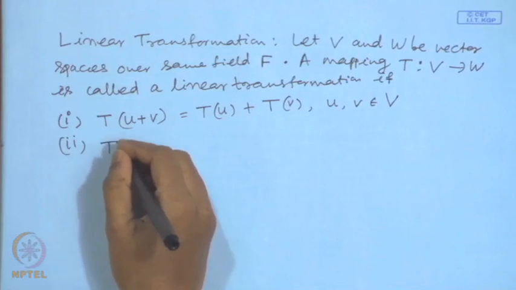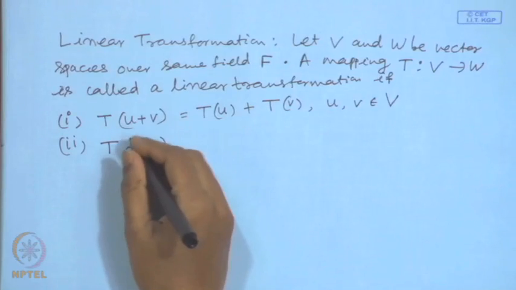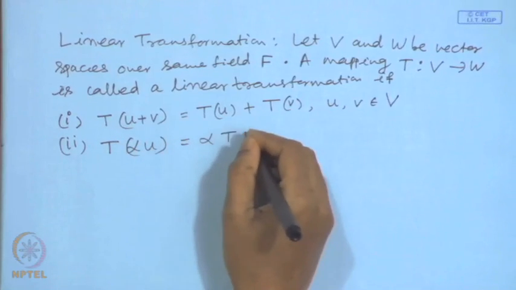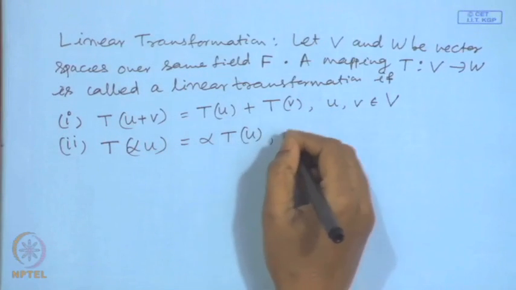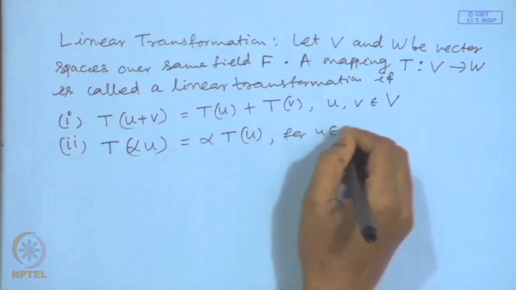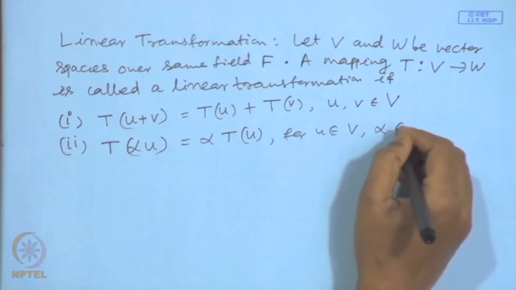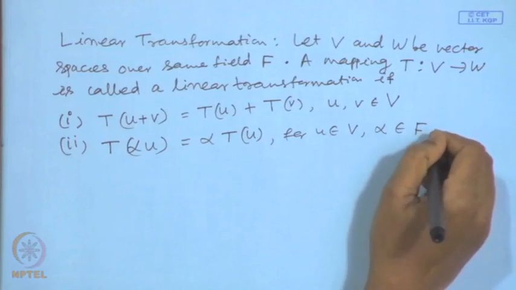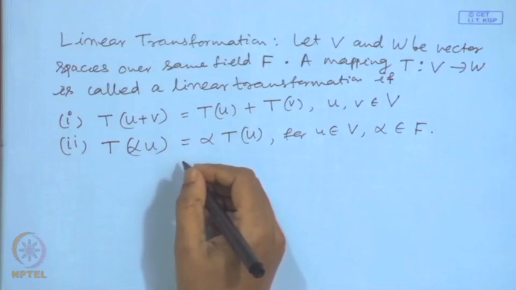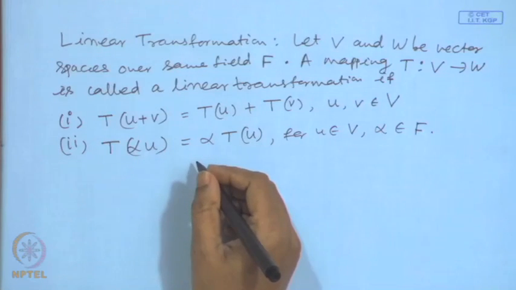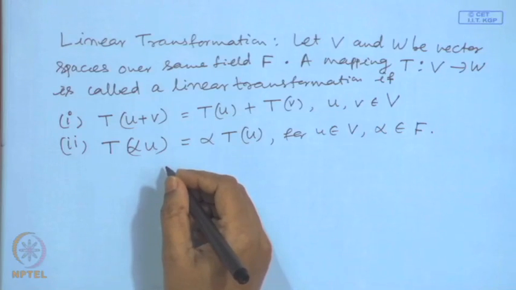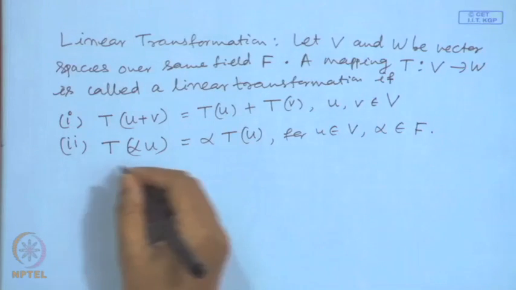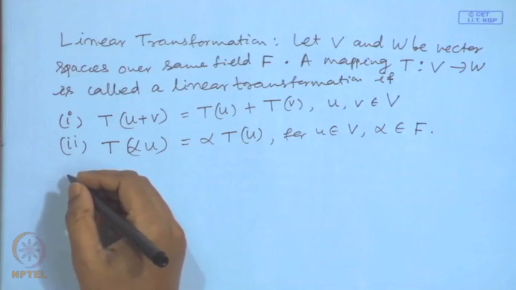The second condition is T of alpha u is equal to alpha times T u for u belonging to the vector space V and alpha coming from the field F. This second condition means that the mapping T preserves scalar multiplication.